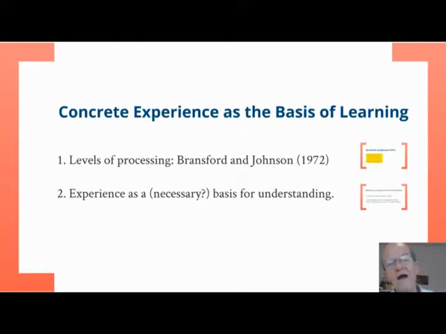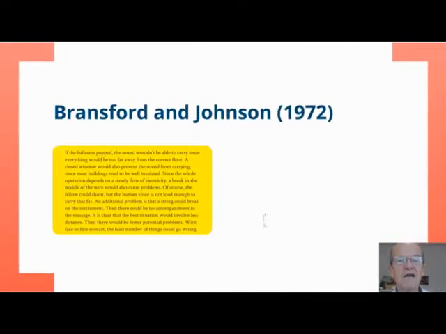First, I would like to elaborate a little bit on the concept of levels of processing, as it was done in a particular experiment by Bransford and Johnson back in 1972. The experiment is very simple.